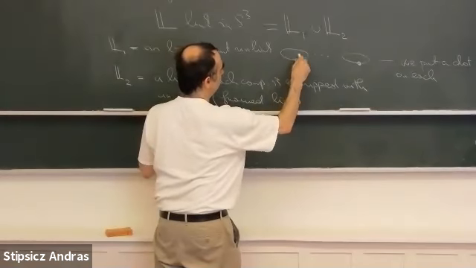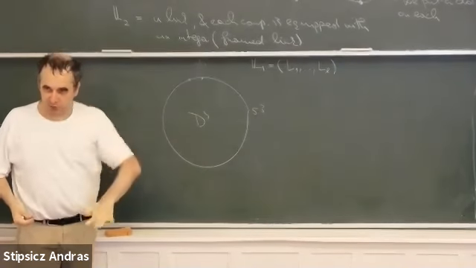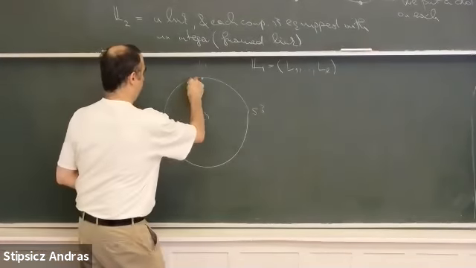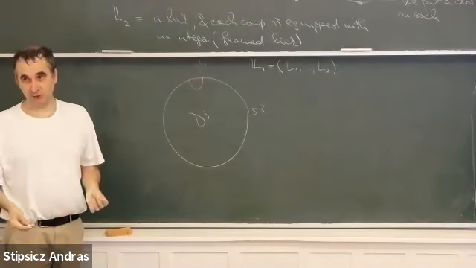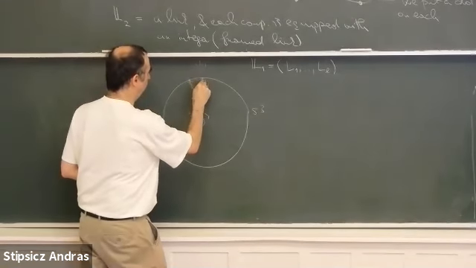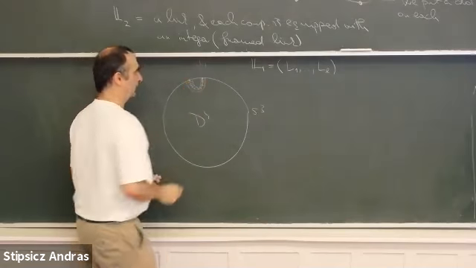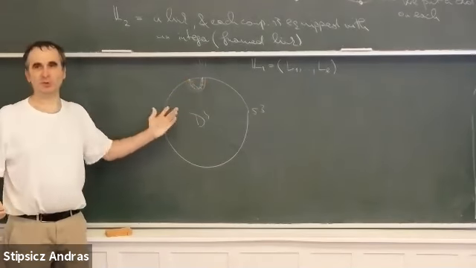It bounds this disk. So we take this disk, which lives in S3, we push it into D4, like this, and we delete a tubular neighborhood of it. In my picture, it seems like it cuts the boundary into two components.